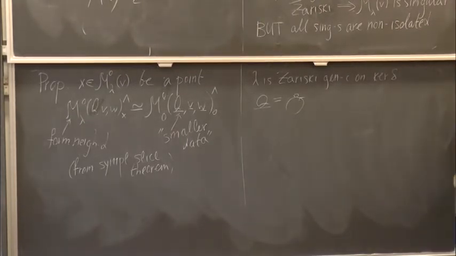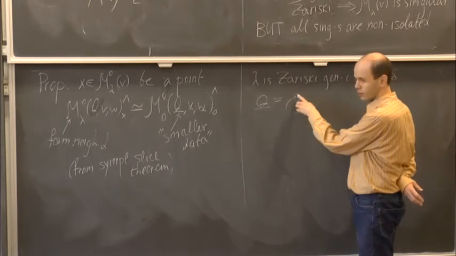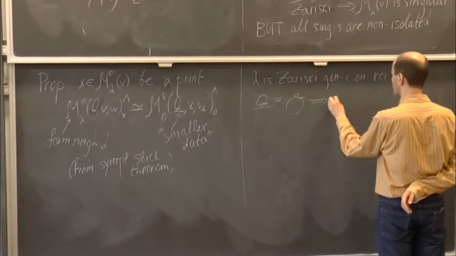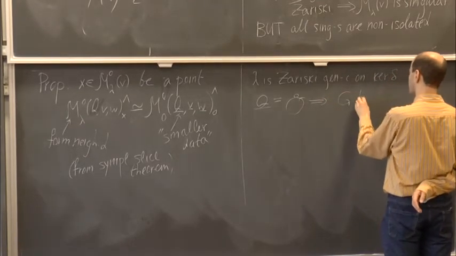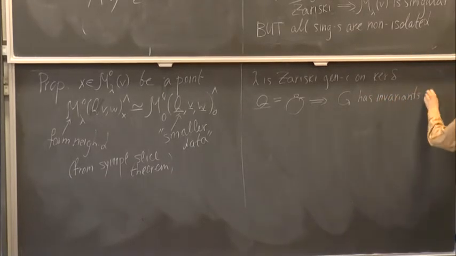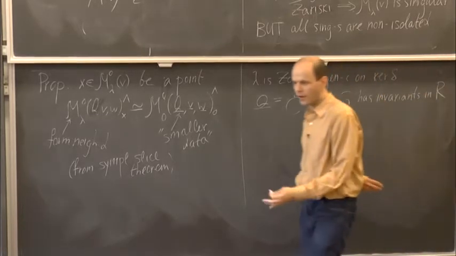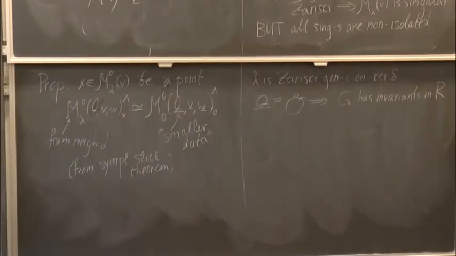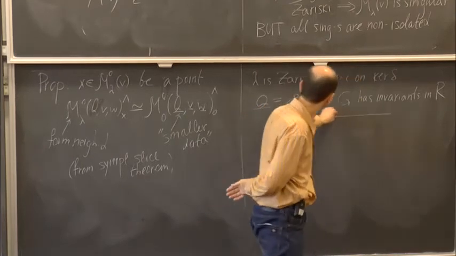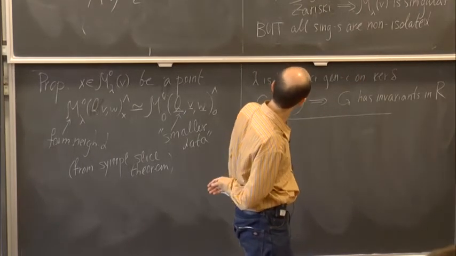And when you have one loop, the G action on the corresponding representation space has invariants, and these invariants don't contribute to Hamiltonian reduction. So when you reduce the action, you will still have a factor which is a line. And so the singularity is not isolated. So that's a geometric reason.